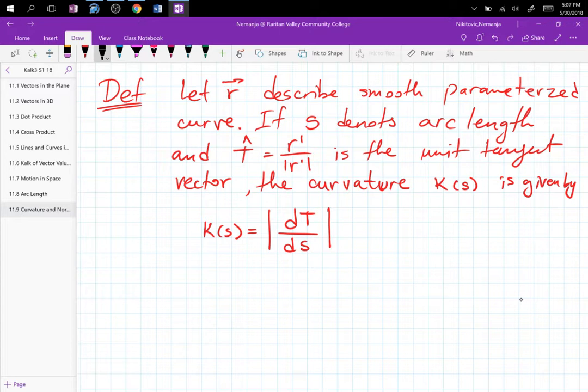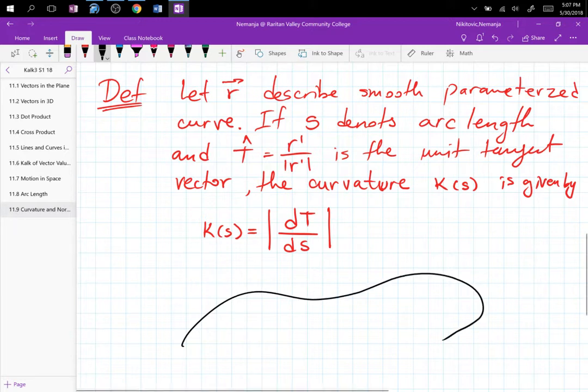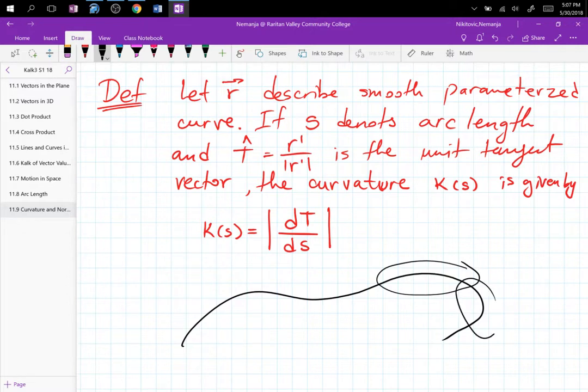Let's just understand this first. So say I have some kind of curve, and in this area here the curve is not turning as fast as in the area here. So curvature should be bigger here. Right, that's a bigger curvature, actually larger.